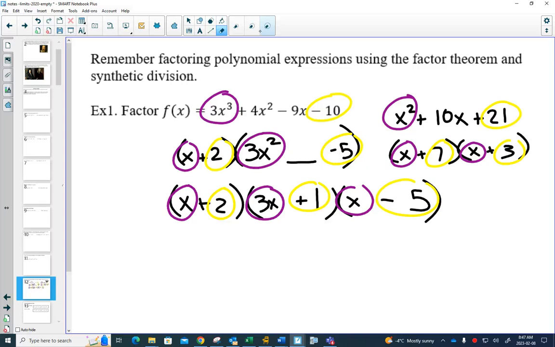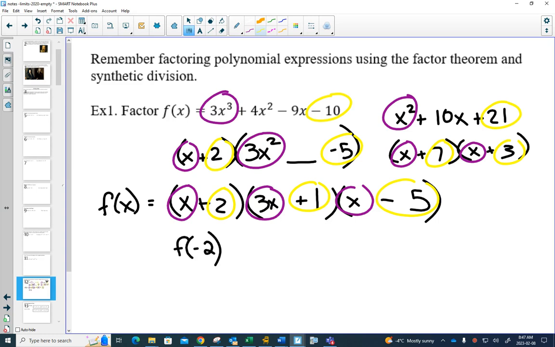And that is key because once you have the factored form, the factors are helpful for solving, and they're helpful for solving to make something equal to 0.